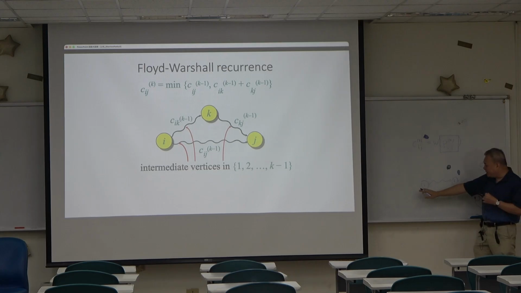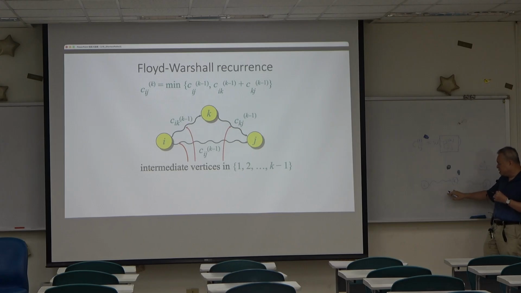Okay, and in between i to k, there shouldn't be any node k appearing again. So here the cost will be C_i,k,k-1, and from k to j, it will be C_k,j,k-1.